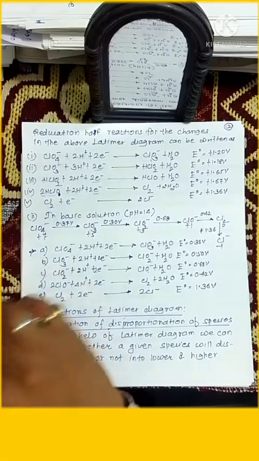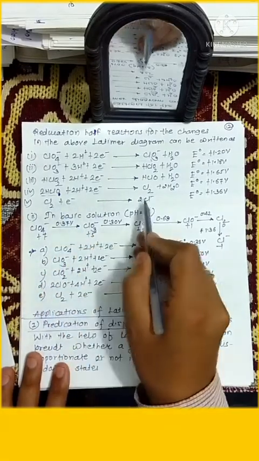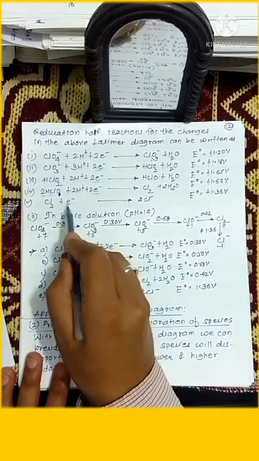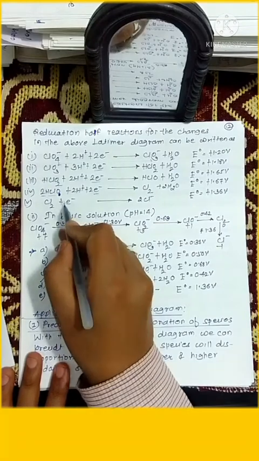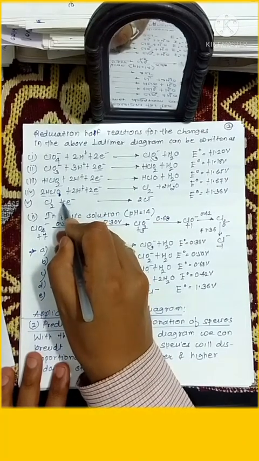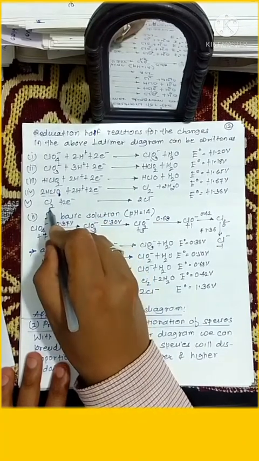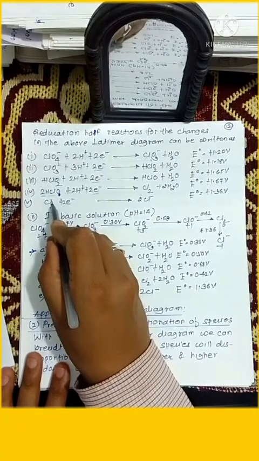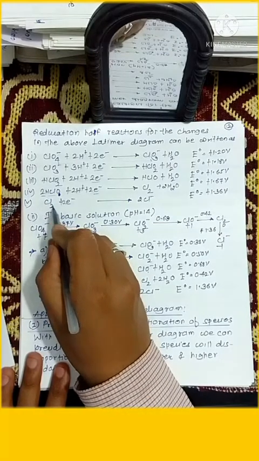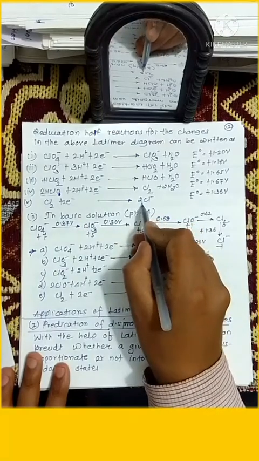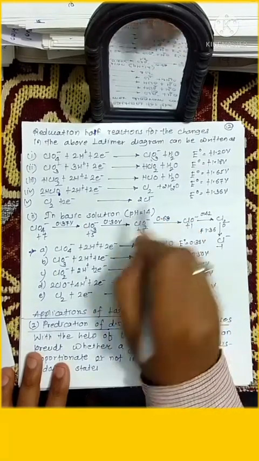And from chlorine to Cl minus, 1 electron is taken. So that's why it is 2, because it is written for 2 chlorine. 1 chlorine molecule gives you 2 chloride ions.